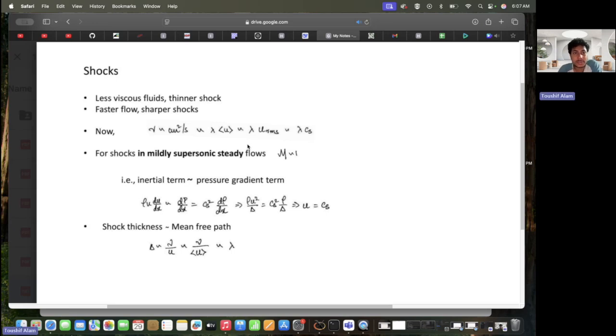So as the viscosity is less, the shock will be thinner. Faster flow gives a sharper shock. Now nu, in centimeter square per second, is proportional to lambda u average, which is proportional to lambda u RMS, which is proportional to lambda cs.